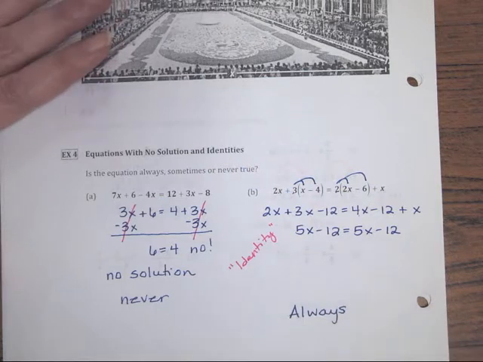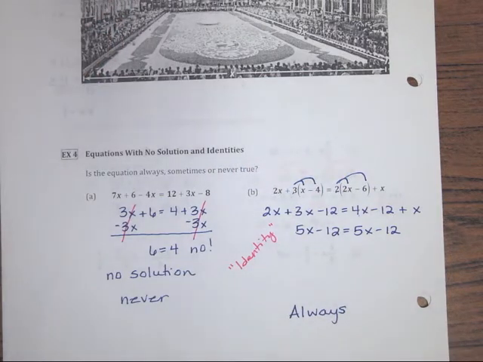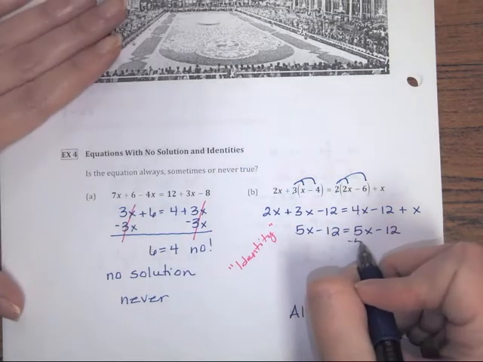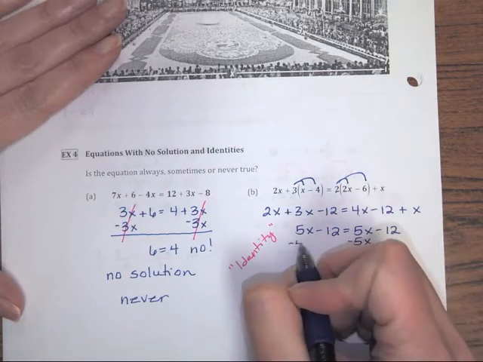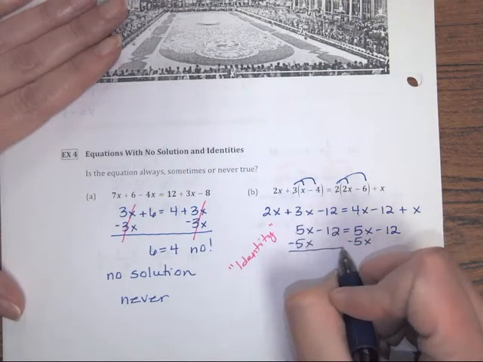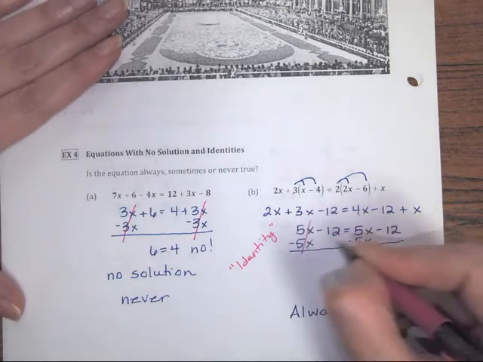But what I want to do is continue with this to show you, if you don't see this at this point, what you do next. So if you have this situation, but you don't notice that you have it, go ahead and subtract your 5x on both sides. And the 5x's cancel.